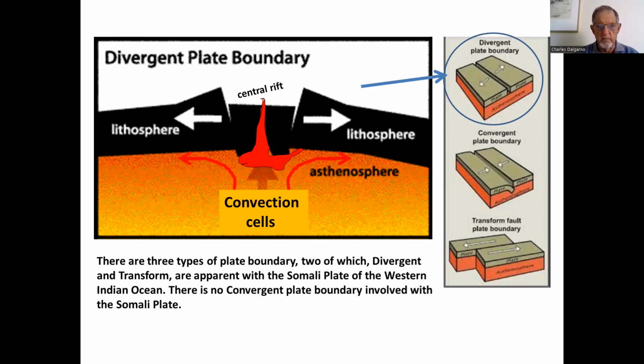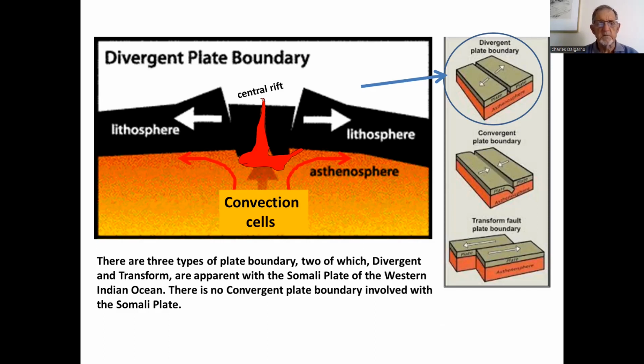And of course, if it were continent meeting continent, it would be a thing like the Himalayas with considerable mountain building, because neither plate essentially wants to descend into the mantle. The third plate boundary type is the transform plate boundary, shown at the bottom of those three on the right, where the plates just slide past one another.